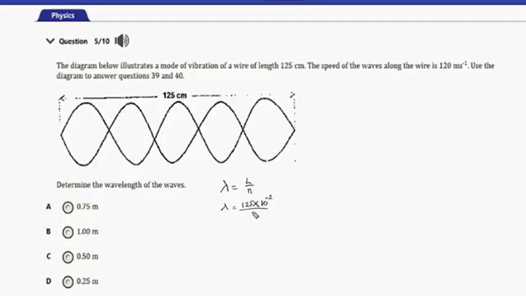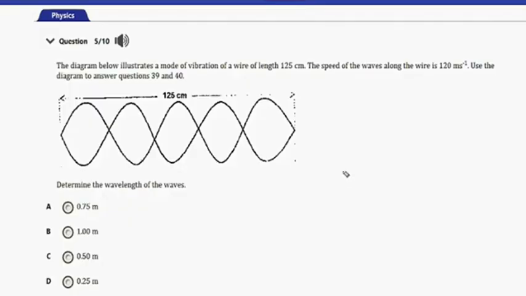So we'll convert 125 cm to meters. That's going to be 125 over 100, and that's 1.25 meters. So we'll divide 1.25 meters by 2.5. That's going to give us 0.5 meters. And that's option C here for this question. So that's it here. Option C is the answer to this question.